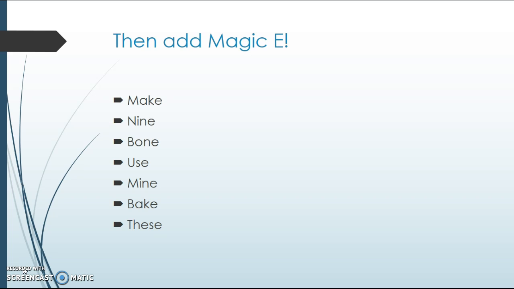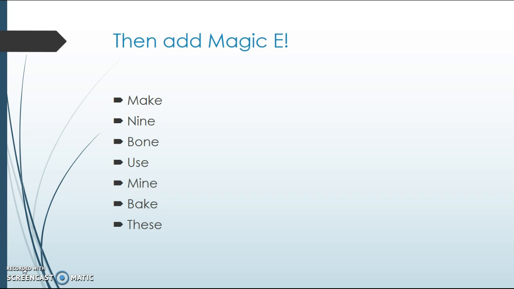Once students have mastered those consonants and short vowels, then we can add the magic E. The magic E, when added to the end of a consonant, vowel, consonant, single syllable word, makes the vowel say its name.